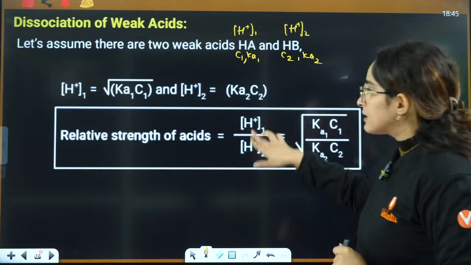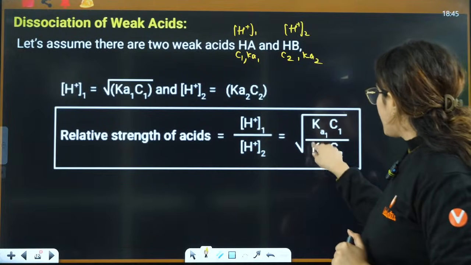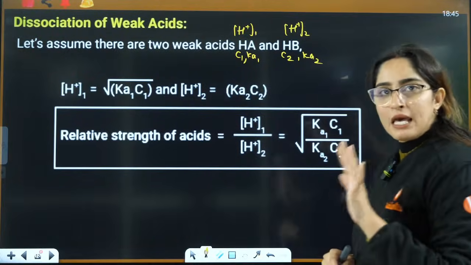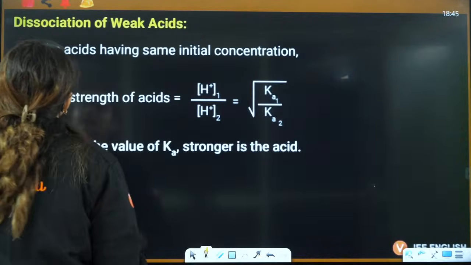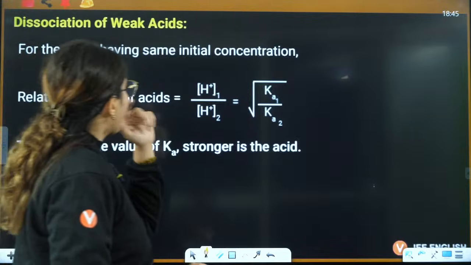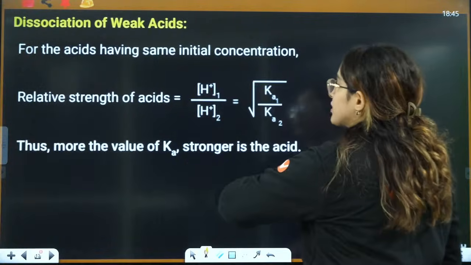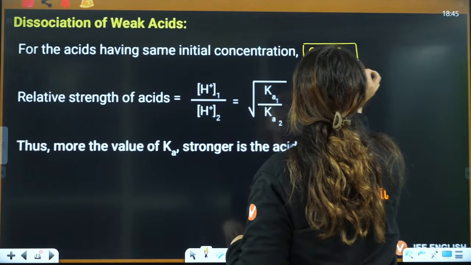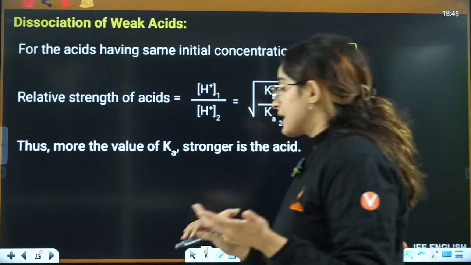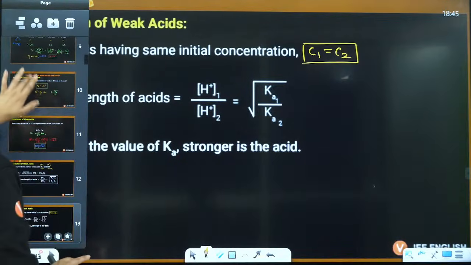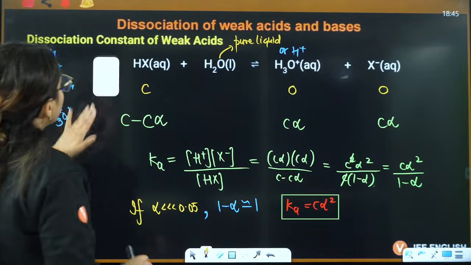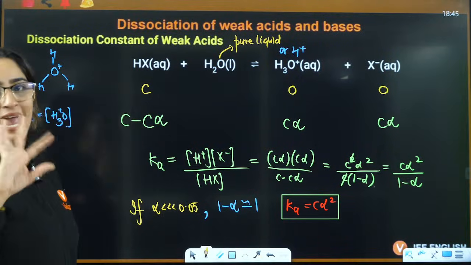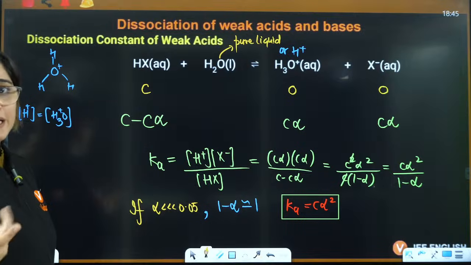When you take the ratio of both of them, it will become under root of Ka1 C1 divided by under root of Ka2 C2, right? Then you take that for the acids having same initial concentration. What is initial concentration? You have taken initial concentration as C. Let's say for HA it is C1, for HB it is C2.